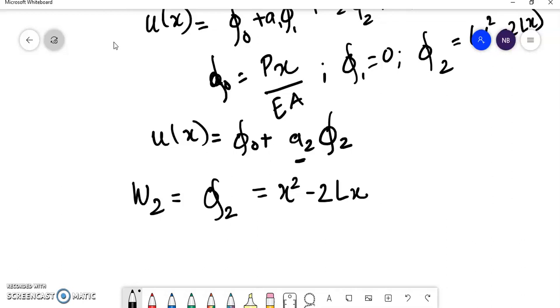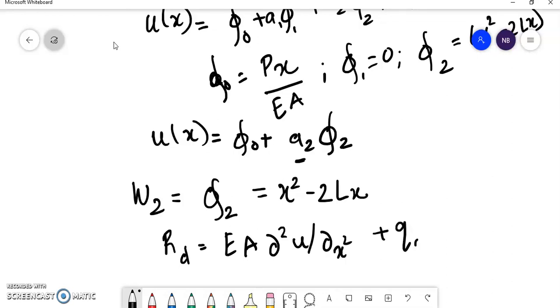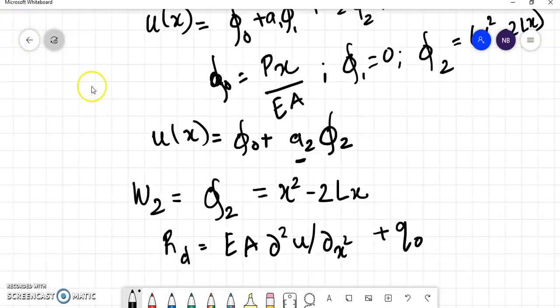There is no phi 1 term here. Had there been a phi 1 term, then we would have been taking W1 and W2. And the residual, which is Rd, we know is given by EA ∂²u/∂x² plus q0.